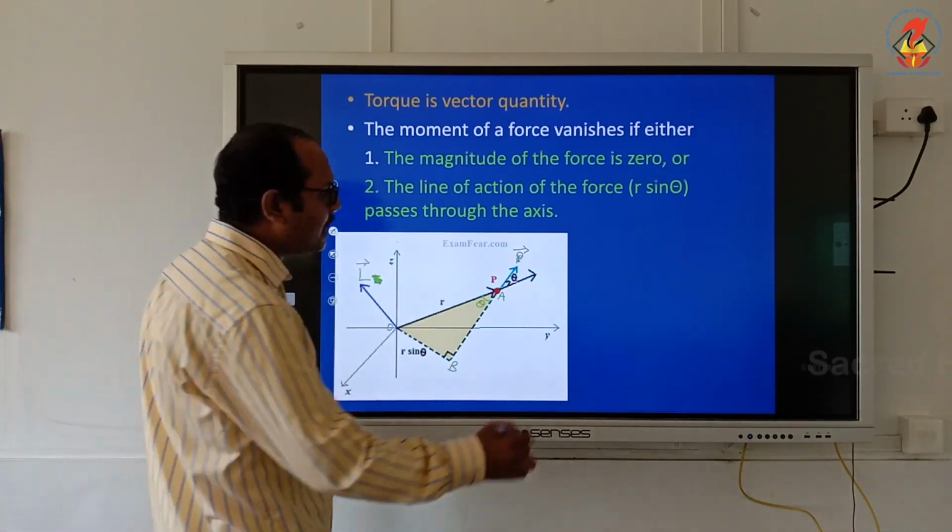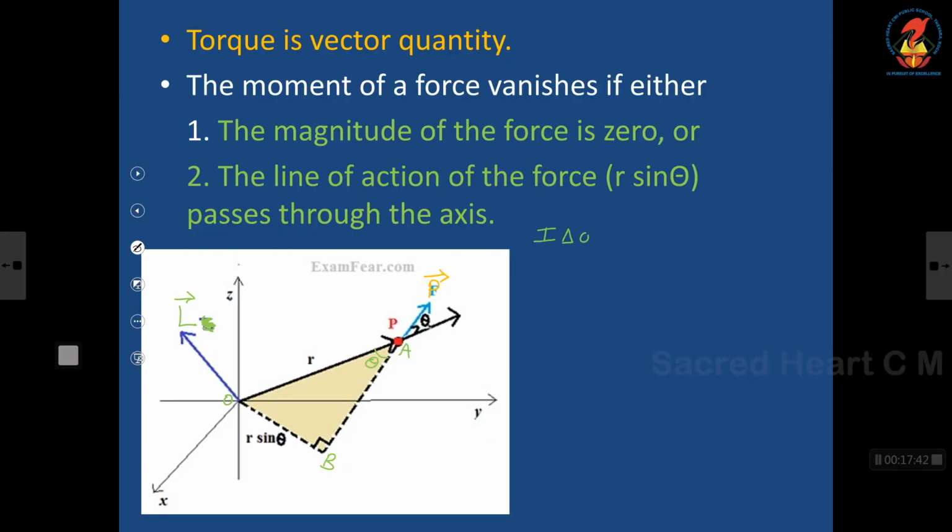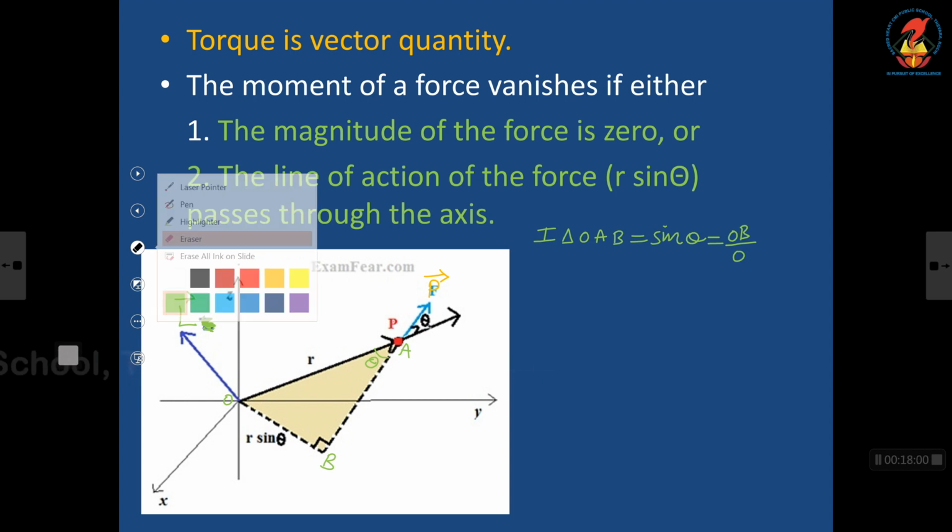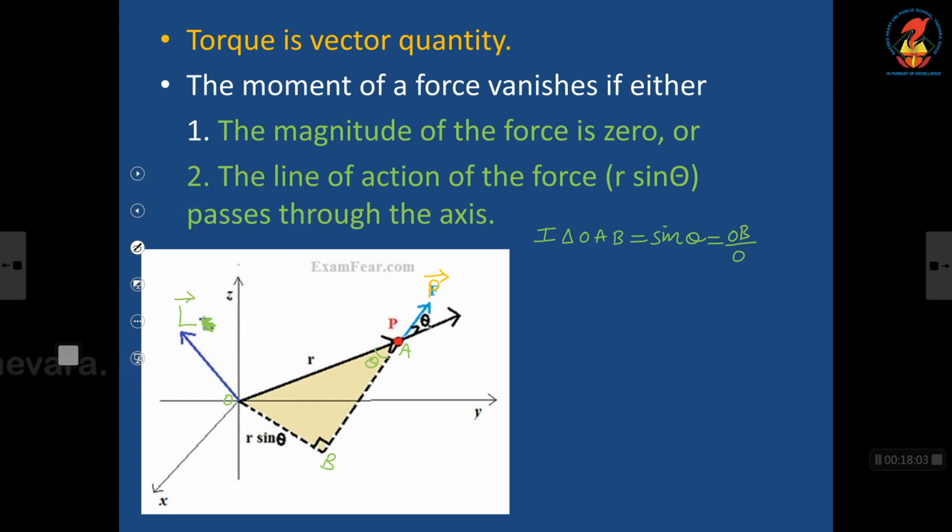Now you take the same triangle, in triangle OAB, sin theta is equal to OB by OA, and you know OA is R, so OB by R. Then what is OB? OB is equal to R sin theta.